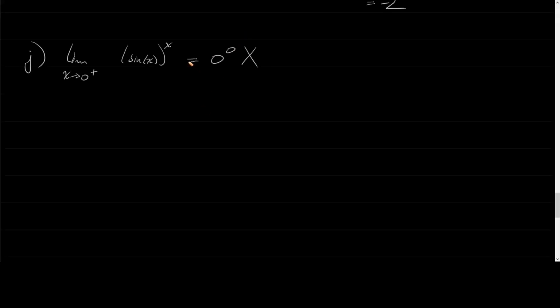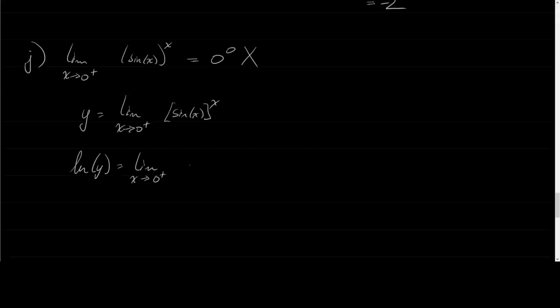The first thing I'm going to do is let y be equal to that limit, the limit as x goes to 0 from the right of sine of x to the x. At this point, I'm going to take the natural logarithm of both sides. So I end up with ln of y is equal to the limit as x goes to 0 from the right of x ln of sine of x.